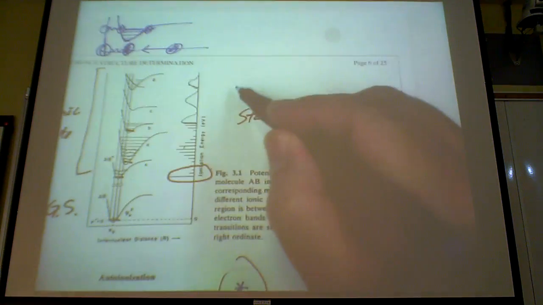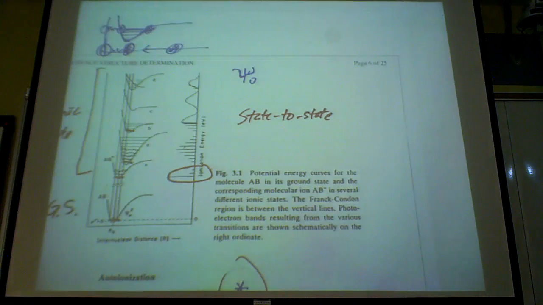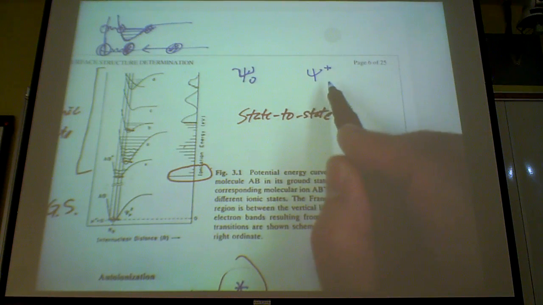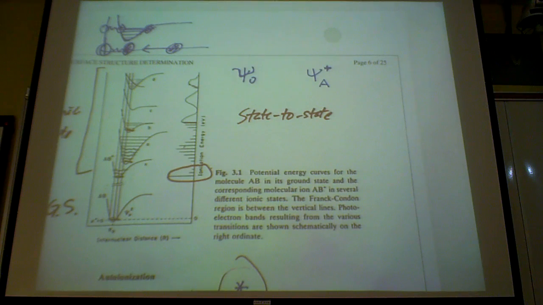Let's say phi naught is your ground state, the neutral state, right? And then you have phi plus A for my first excited state, the first excited state. And how do you get the intensity out?